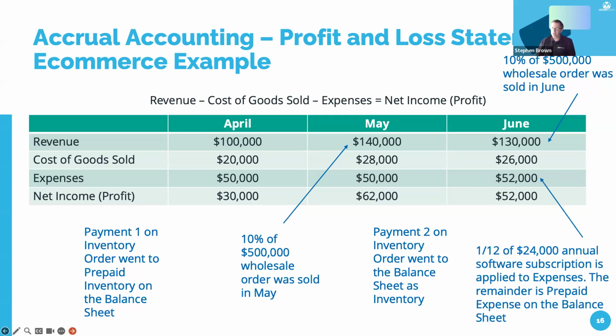I only applied 2,000 of it in June because that $24,000 worth of value is going to be spread out over the 12-month period. So the remainder goes to this concept of a prepaid expense that sits on my balance sheet. So the balance sheet feels like a cheat code.